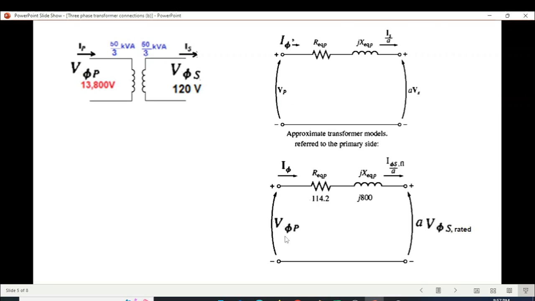Vp will be written now as V phi P, and AVS will be written as AV phi S rated, and the current remains I phi. And we have also incorporated the value of Z equivalent here. So this is the R equivalent and this is X equivalent.